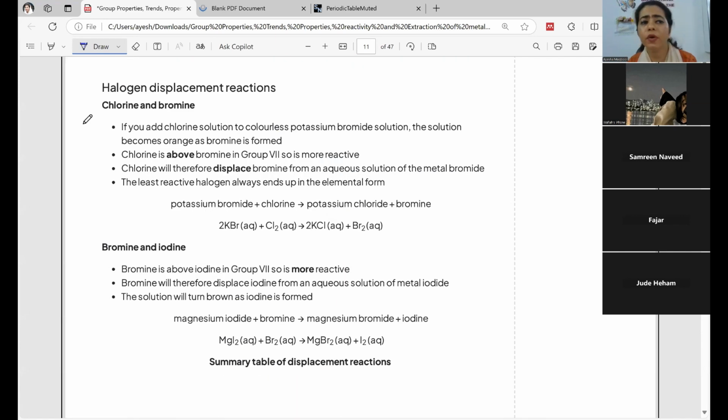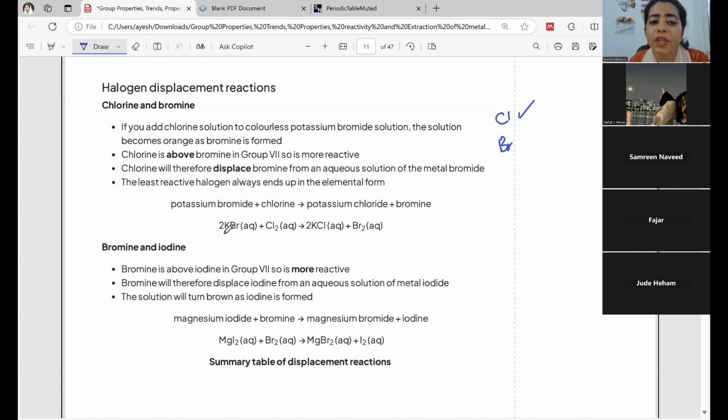Chlorine and bromine. Chlorine is at the top of the group, having more reactivity. As we move down the group, the reactivity decreases. So chlorine is at the top and bromine is under it, which means chlorine is stronger and more reactive. If chlorine is there, it can replace bromine, which is less reactive.